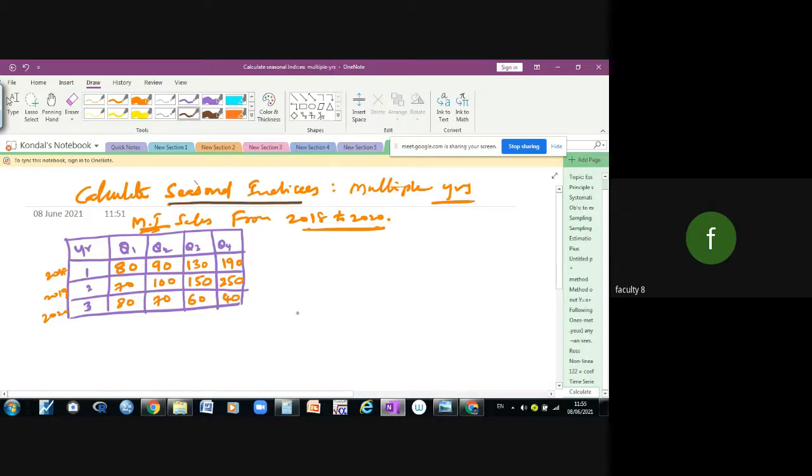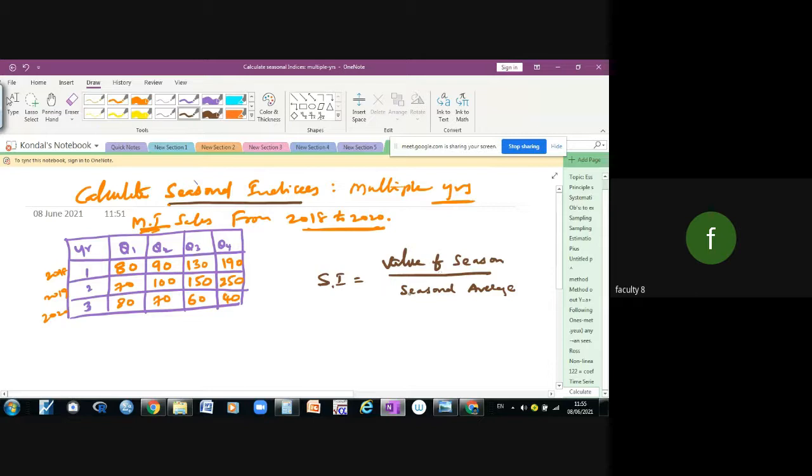As you know, the seasonal indices formula: SI equals the value of season sales divided by the seasonal average. Here the value of season is nothing but this 80, 70, 80. This is the seasonal average.